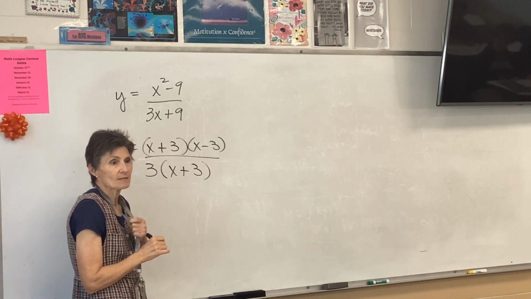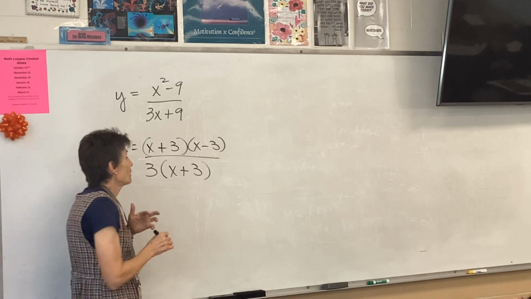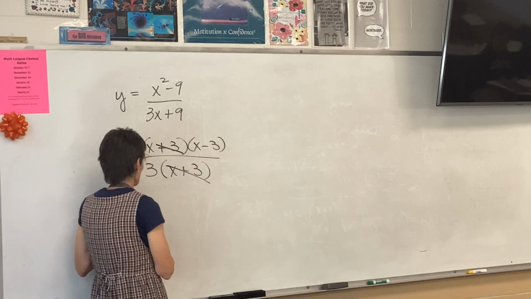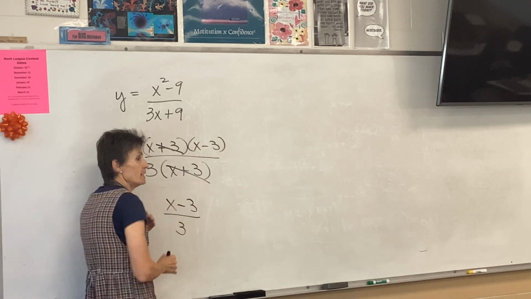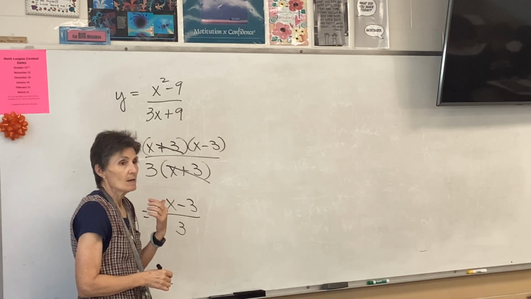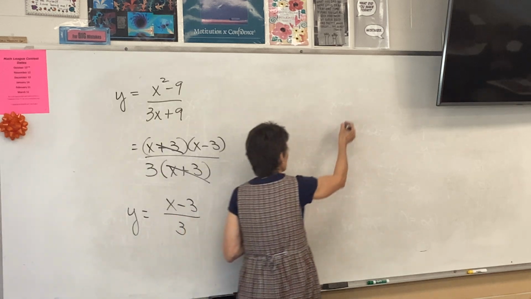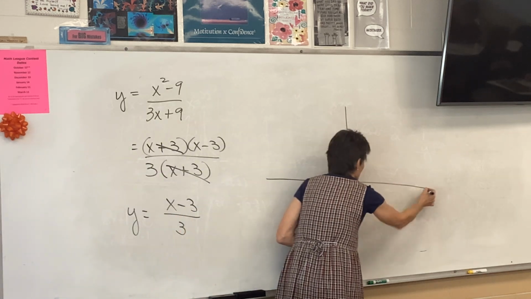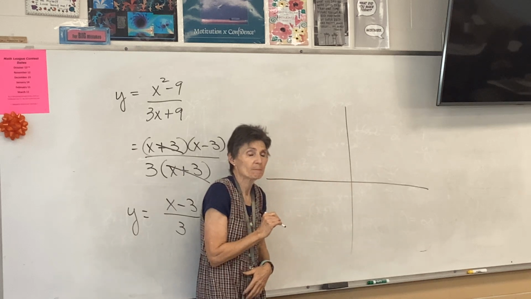Now we have something that will cancel, so we have no vertical asymptote. The formal name for this is a removable discontinuity, but we can think of it as a hole, because in the graph there's going to be an open dot somewhere in the picture.